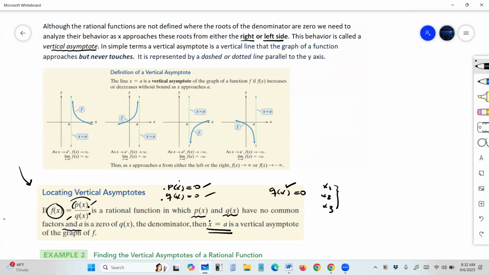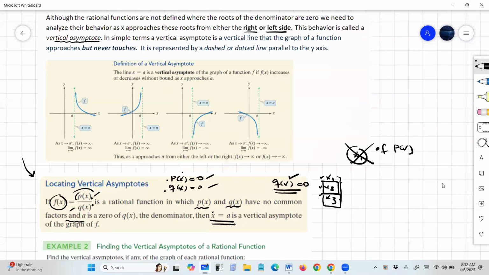If, for example, I set q of x to 0 and find three roots, and one of the roots is also a root of the numerator, then this is not a vertical asymptote. The vertical asymptotes are only the other roots of the denominator that are not roots of the numerator. Okay, we'll see an example right below. So this is the definition of locating and finding the vertical asymptotes.